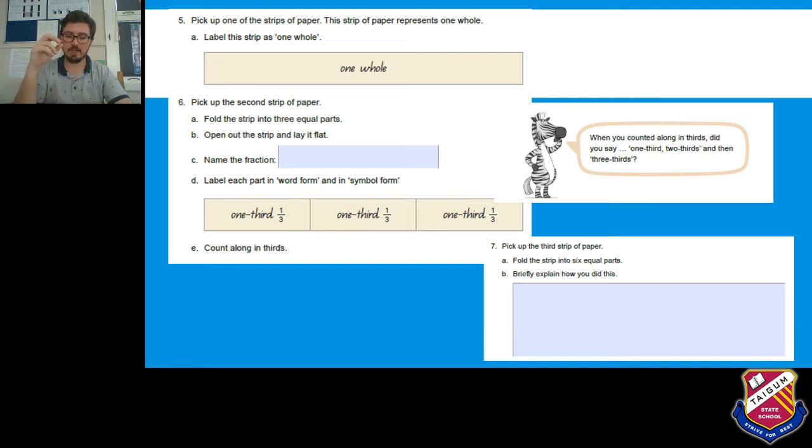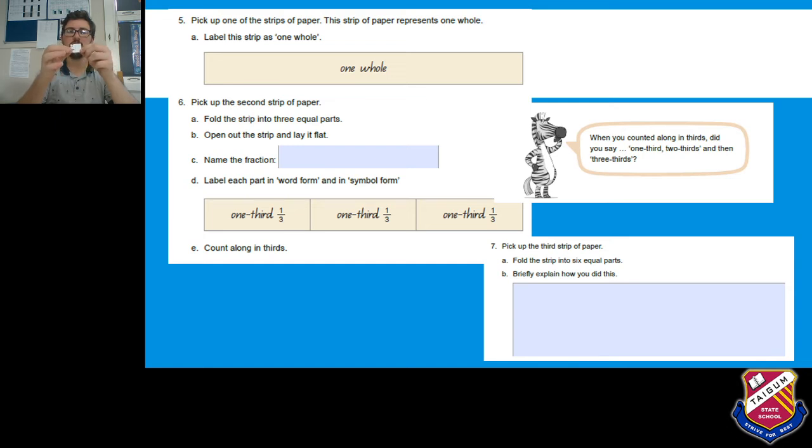Right, so here, if you're having trouble, don't worry, that's completely normal. If I were to take this and fold each of these into half, there'd be 2, 4, 6. So if I folded each third into half, I'd end up with 6 equal parts. So what I'm going to do is I folded that into thirds, then I'm going to fold it in half.